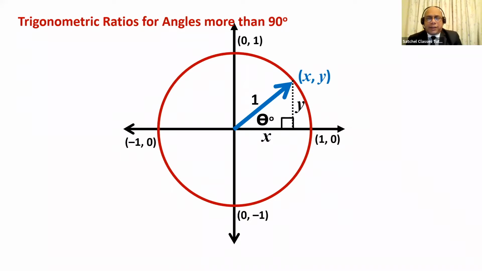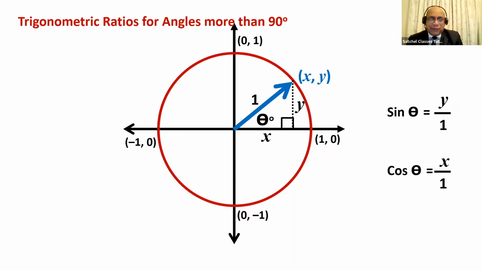So if you look at the triangle carefully, what is sine of theta? Sine of angle theta will be opposite, which is y, upon the hypotenuse. And remember, it's a unit circle, so hypotenuse is the radius, which is 1 unit. So sine theta will be y divided by 1. And cos theta will be adjacent, which is x, divided by hypotenuse, which is 1.